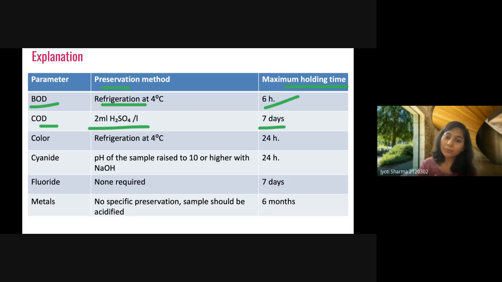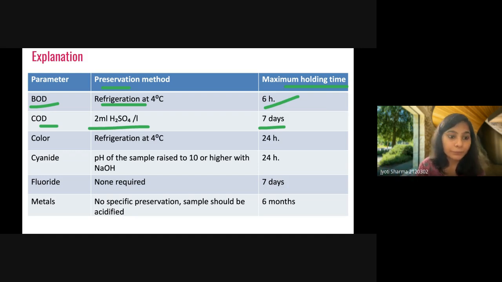So likewise we have different parameters. For each of those parameters we have a different preservation method and different maximum holding time. So you have to see, if you have a water sample, what kind of parameter you want to measure, then for that particular parameter what kind of preservation you can use, and what maximum time that preservation will allow you to keep it as it is, and after that you can do some tests on it, right?